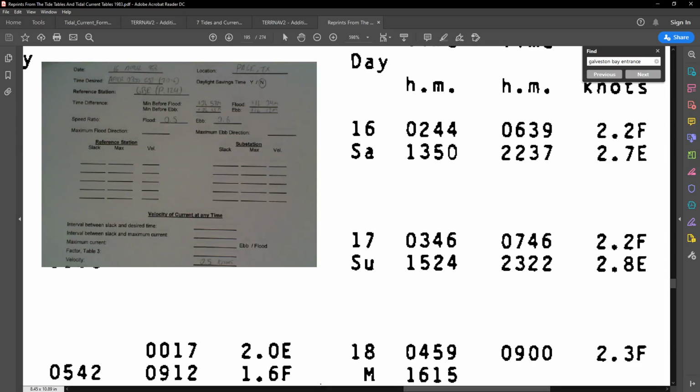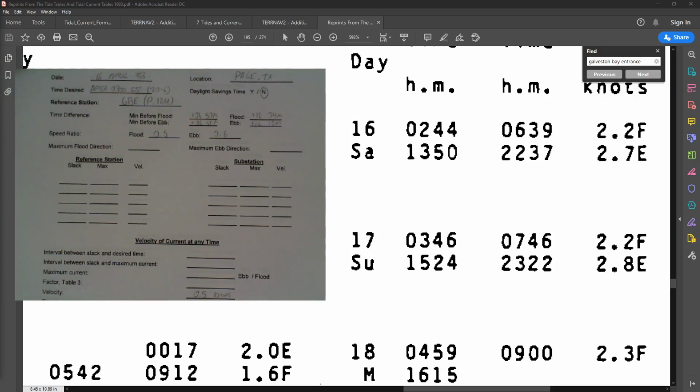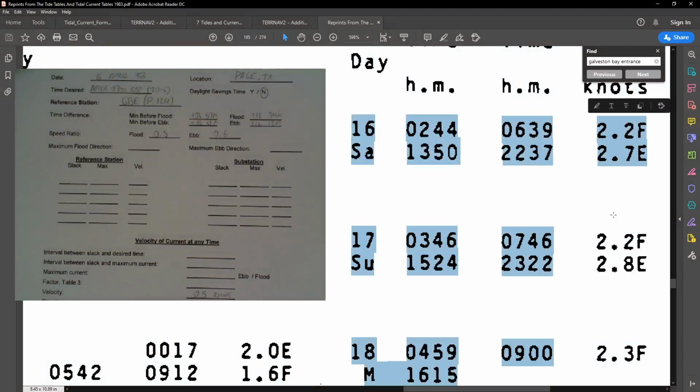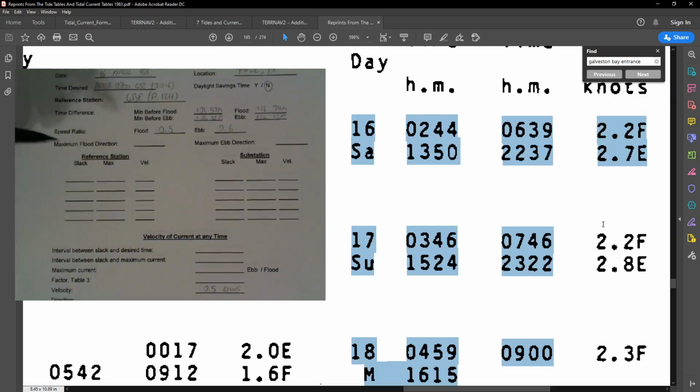Alrighty, now that we have that, you can kind of see this. I'll copy this again so you can see what I'm copying down. Alright, so we need to find after 0300. So the times that fall around 0300 are 0244 and 0639.